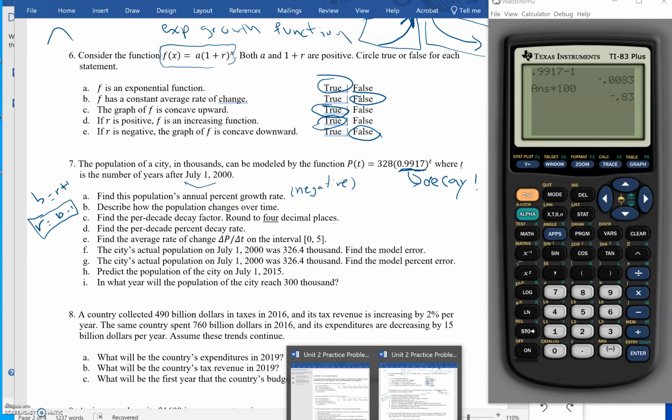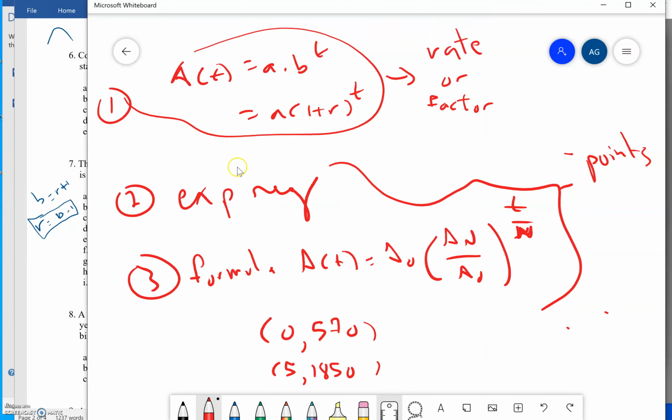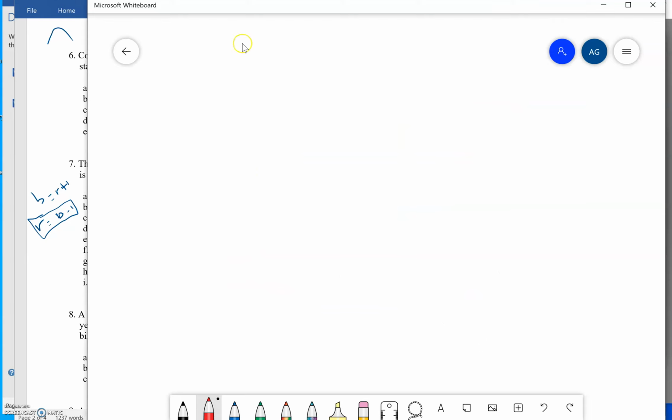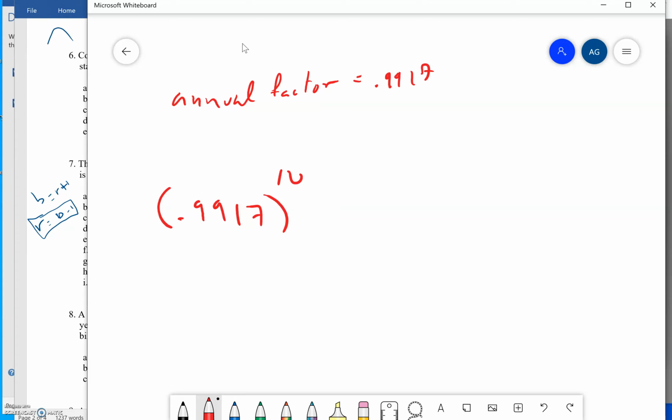Okay, so I'm going to bring up my whiteboard. My annual factor is 0.9917. That's just from the problem. So the first thing that I do is raise that to the 10th power. Now that is the decade factor.